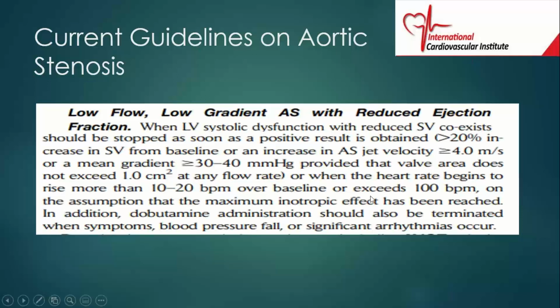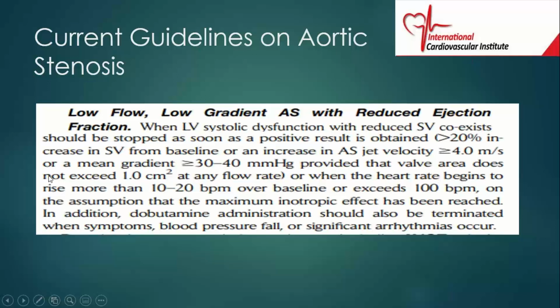And when you give the dobutamine, you want to look at your stroke volume. You want to see an increase in the stroke volume by more than 20% above the baseline. For the patients with true severe AS, you want to see the velocity across the aortic valve greater than or equal to 4 meters per second, or the mean gradient greater than or equal to 40.